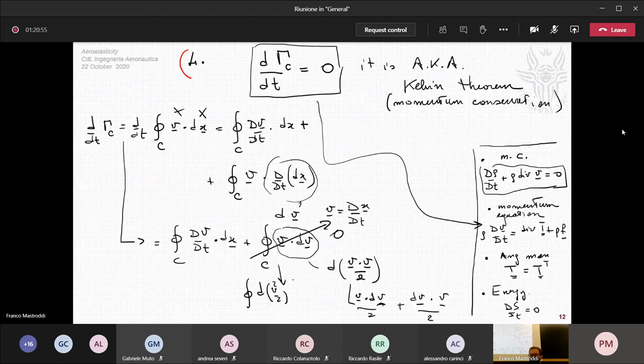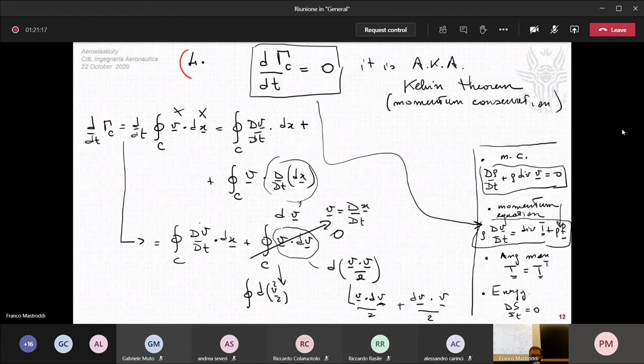Okay? Now, apply the momentum equation here, avoiding the buoyancy force, avoiding the force per unit mass, the gravity.